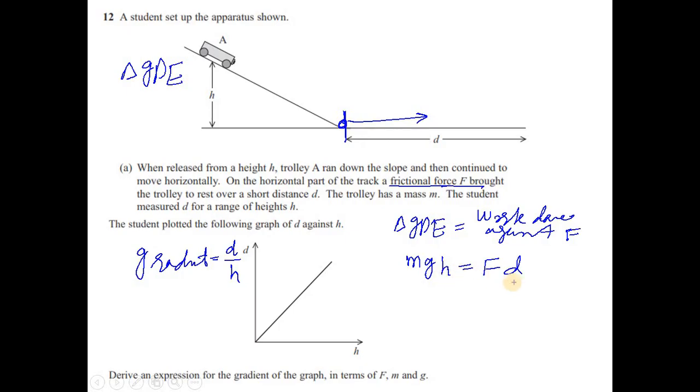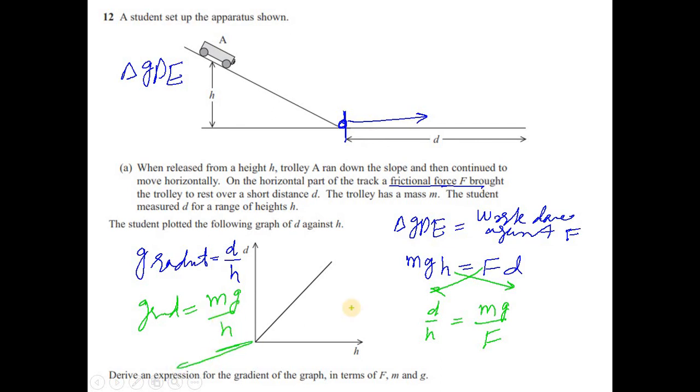And you rearrange this equation in the form of d upon h. So send h here and F down. So d by h is equal to mg by F, and this is your gradient. d by h is your gradient, so your gradient would be equal to mg by h.